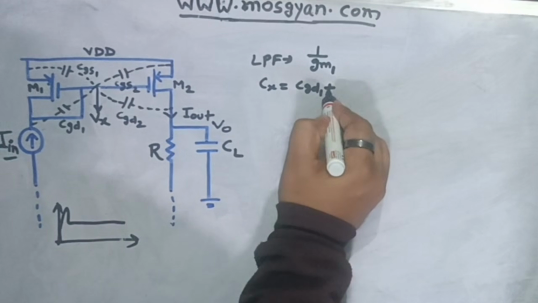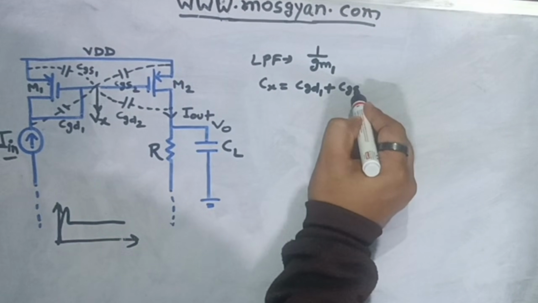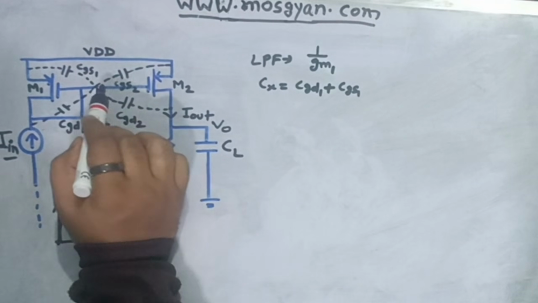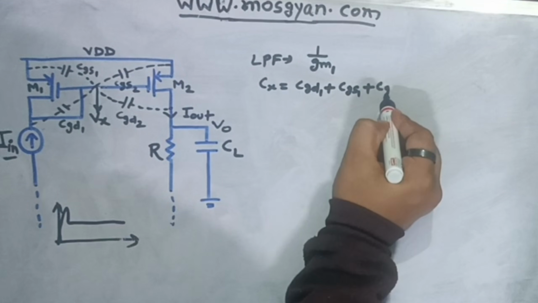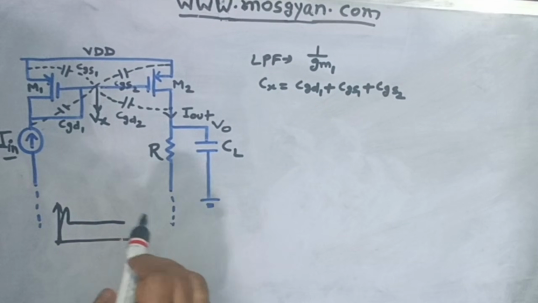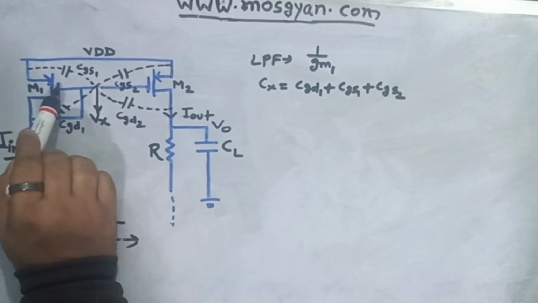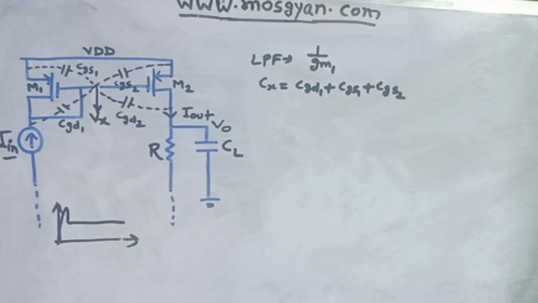The other cap it will see is between gate and source of M1, that would be CGS1. The other cap is between gate and source of M2, that would be CGS2. There would be some parasitic capacitance also. When M1 and M2 are connected through interconnect, some parasitic caps will come into the picture, but they will be very small, so let's ignore them for this calculation.